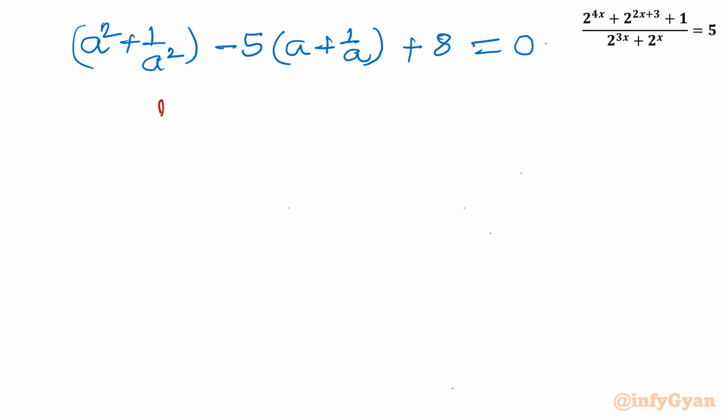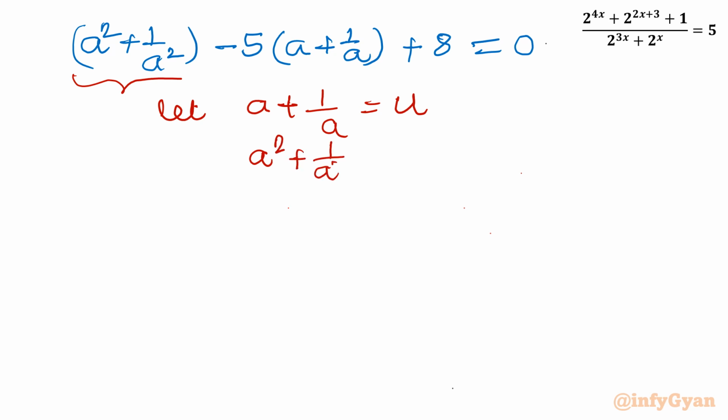Let a + 1/a, suppose, be equal to u. Let us take the square: a^2 + 1/a^2 + 2a(1/a), so the a and 1/a cancel out, equal to u^2.